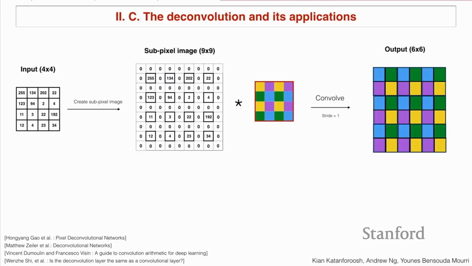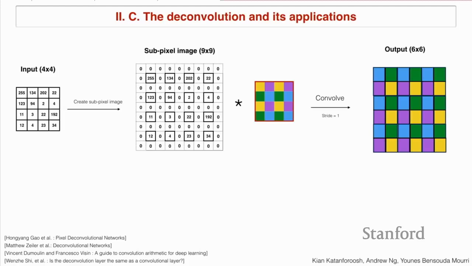One thing that is interesting here is that the values that are blue in my 6x6 output were generated only using the blue values of the filter, the blue weights in the filter. The ones that are green were only generated using the green values of my filter.